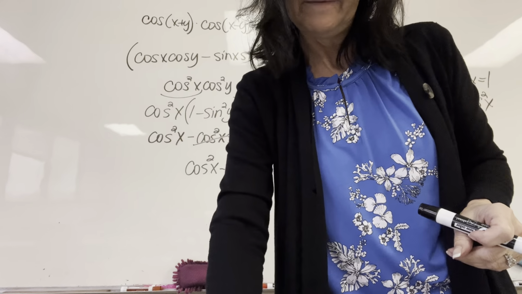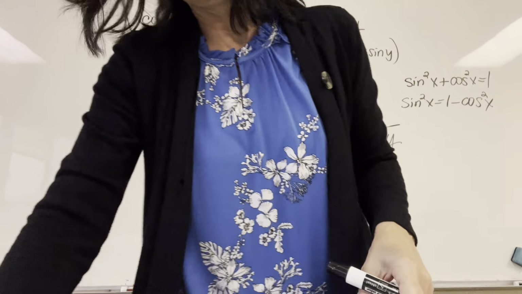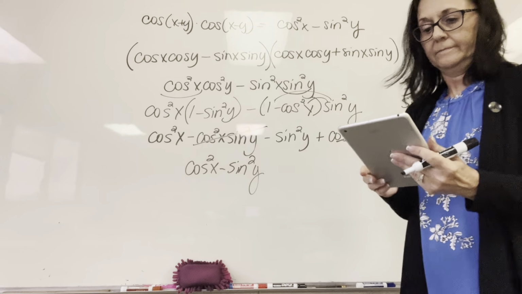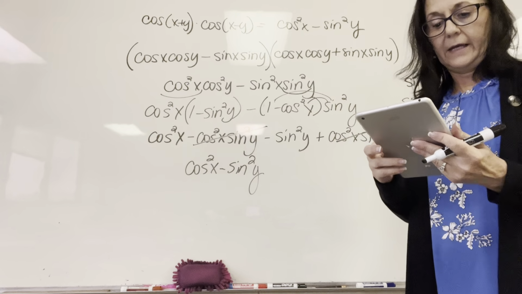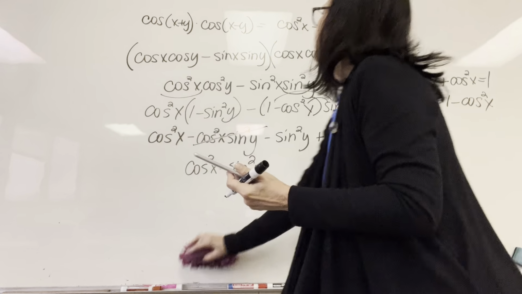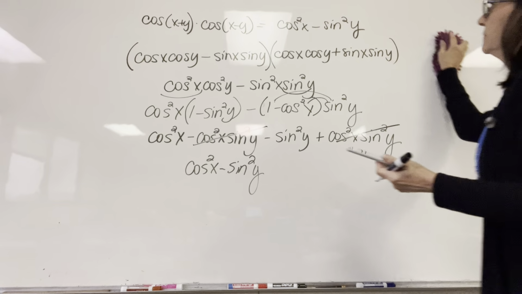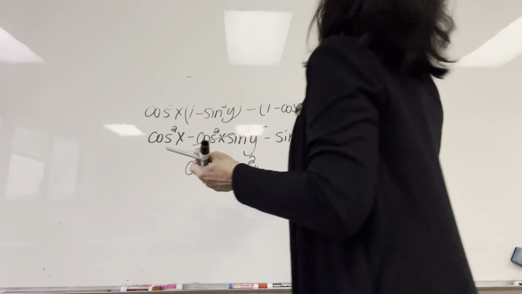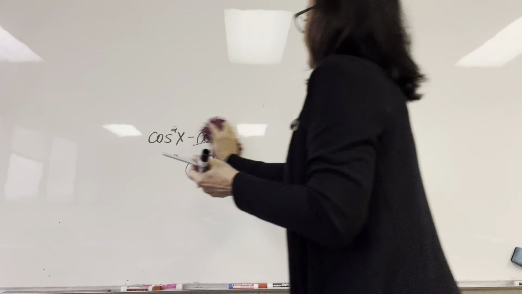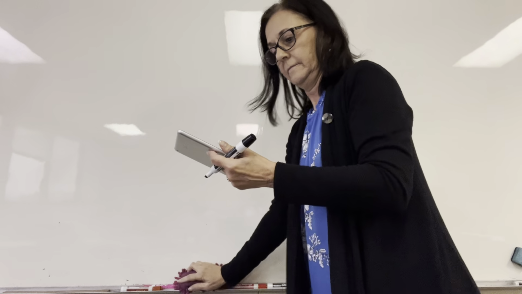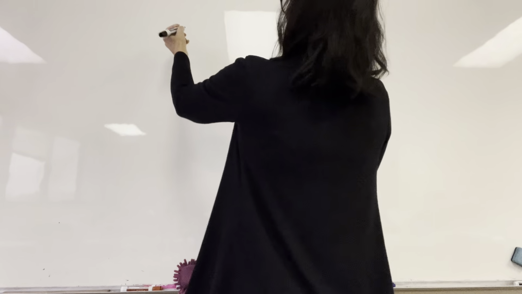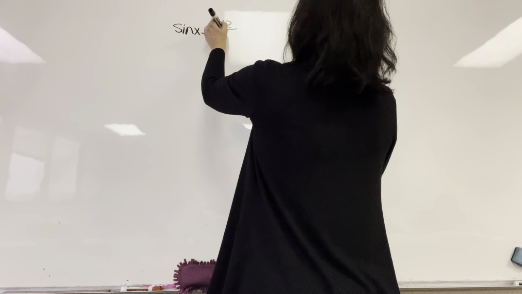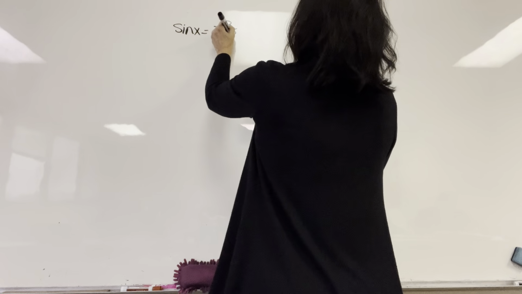All right, number 23. The sine of x is negative 12/13.